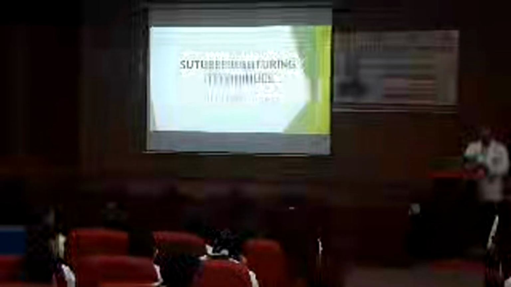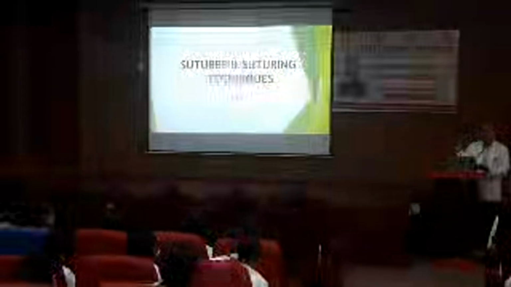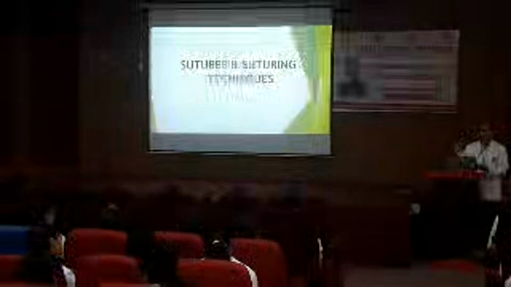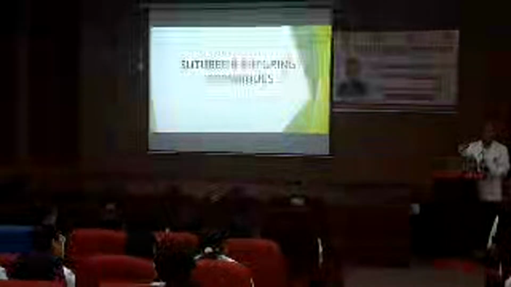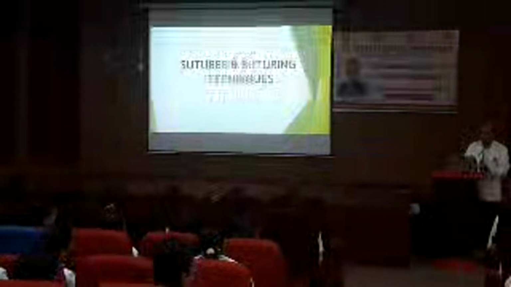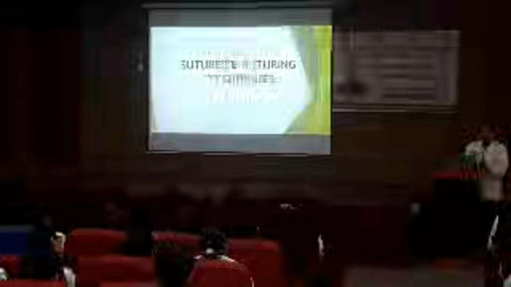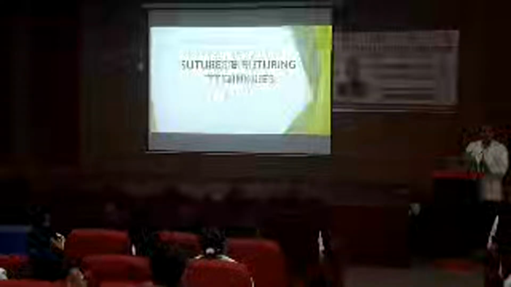Any doubt? So you should remember about the incisions. What are the horizontal and vertical incisions? Where you need to avoid the vertical releasing incisions. Classification of flap. Everything is similar except for papilla preservation and types of flap. So angular, triangular, and trapezoidal.